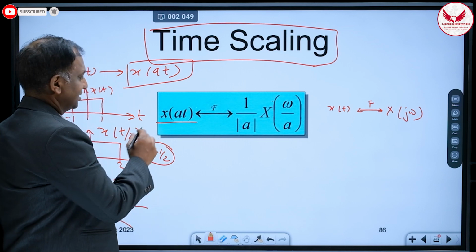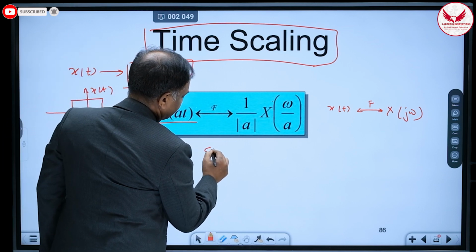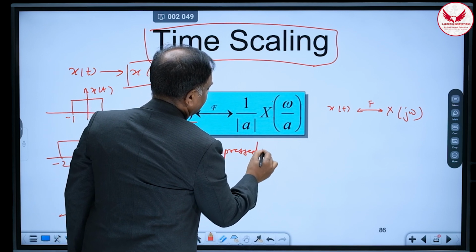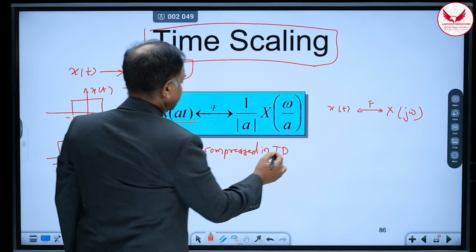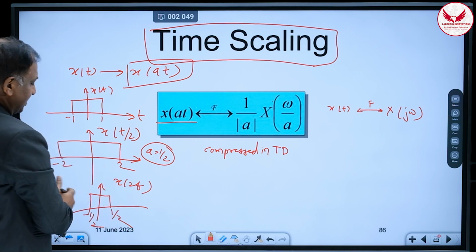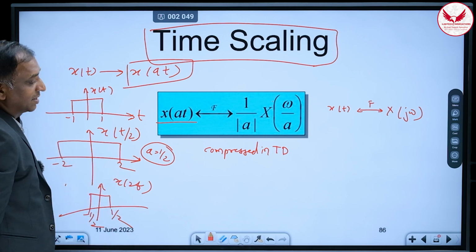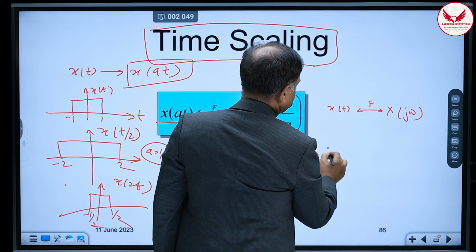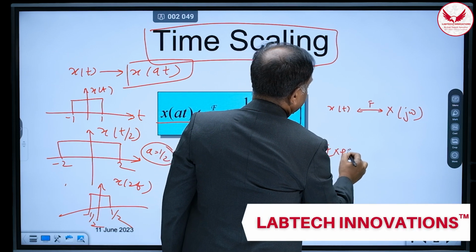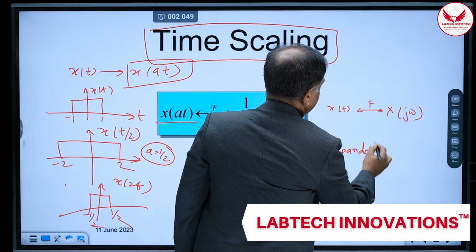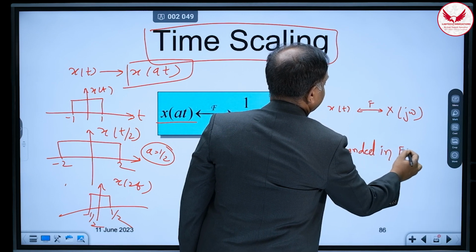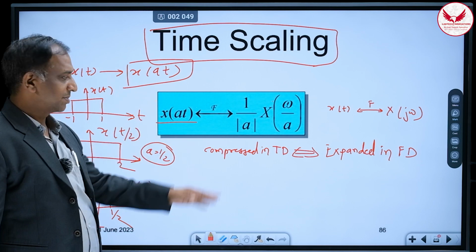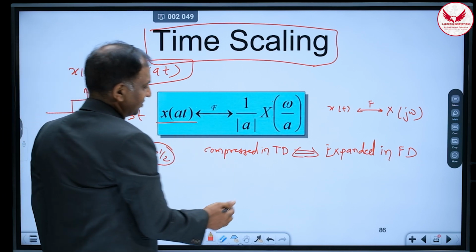That shows that when the signal is compressed in the time domain, it is equivalent to being expanded in the frequency domain. The significance of this property is that when the signal is compressed in the time domain, it is expanded in the frequency domain.